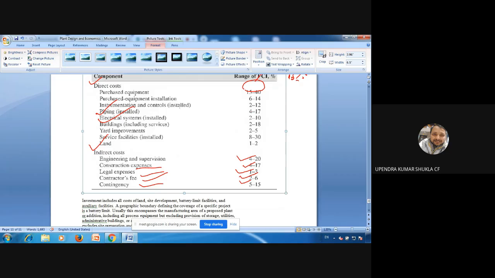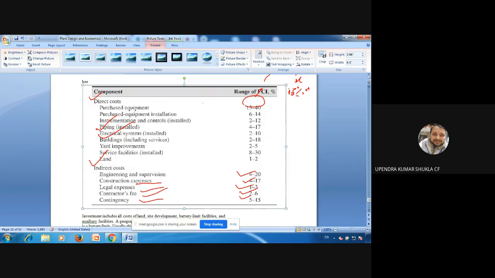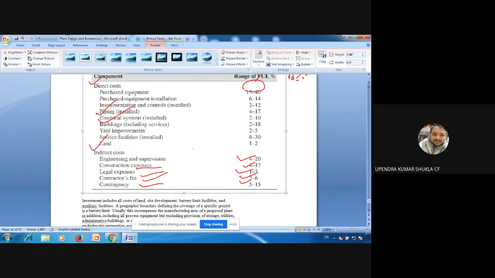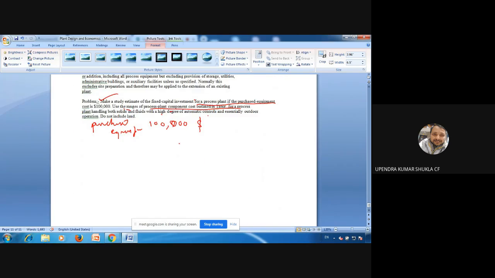So suppose 25%, meaning one fourth, then the fixed capital is 4 times the purchased equipment. If the purchased equipment is 25% of the fixed capital investment, it means the fixed capital investment is 4 lakh.